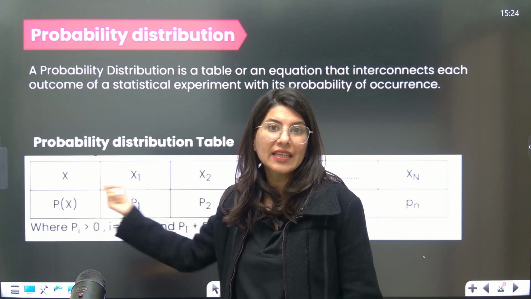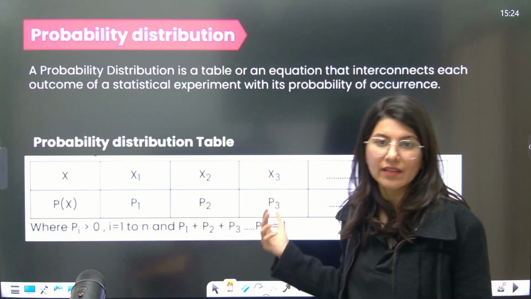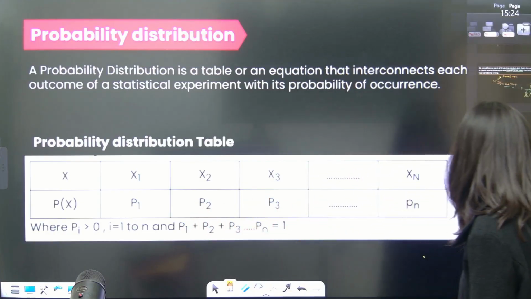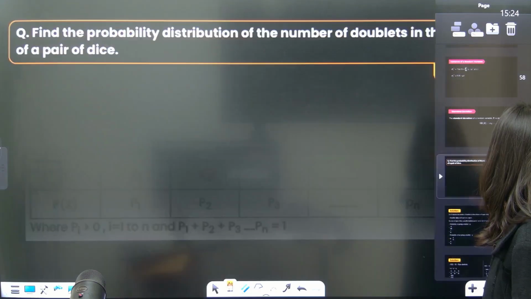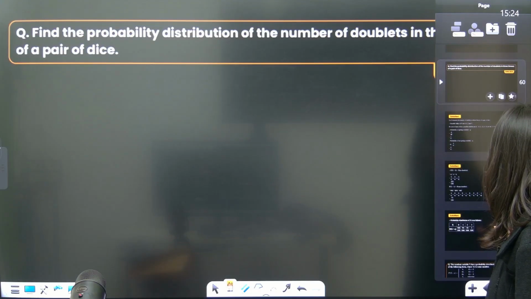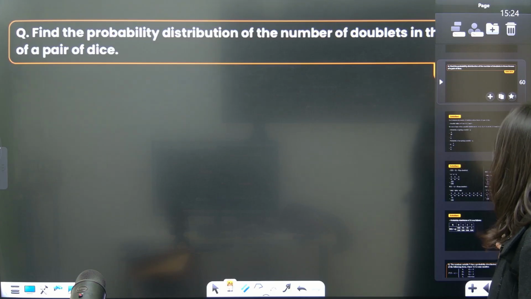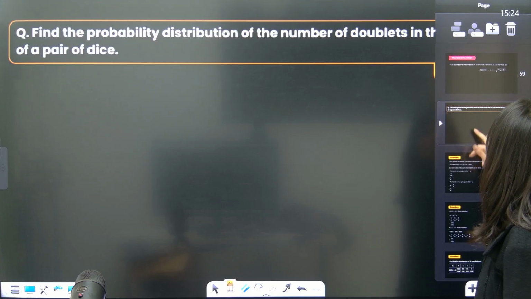So the probability that you get 2 heads, the probability that you get 1 head. So like that, we will do it. Do not worry about it. Let me just get you a table sort of thing. Okay, so let us just do a question.